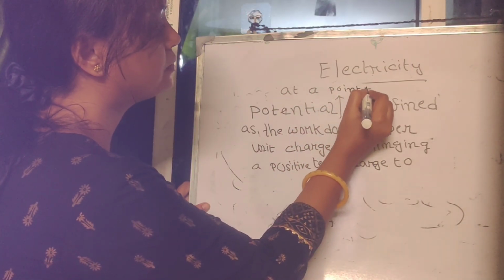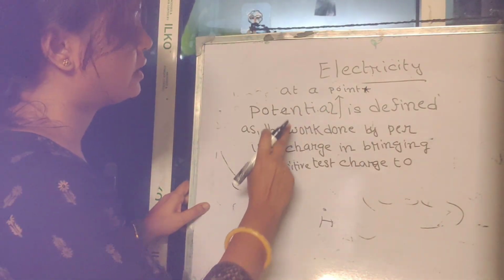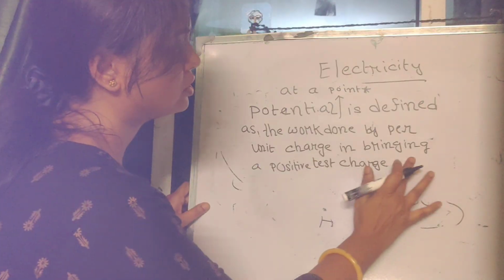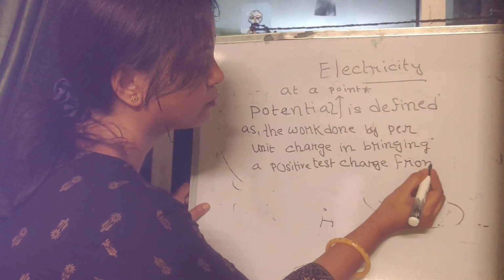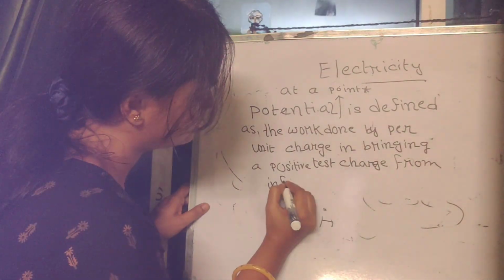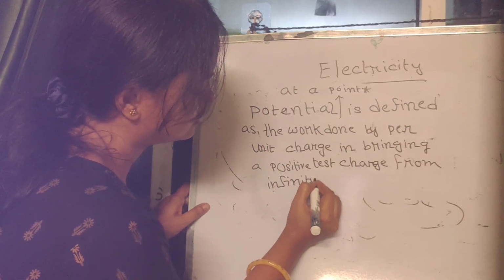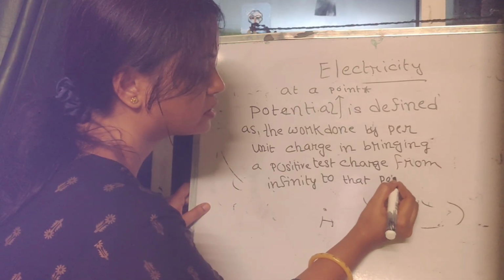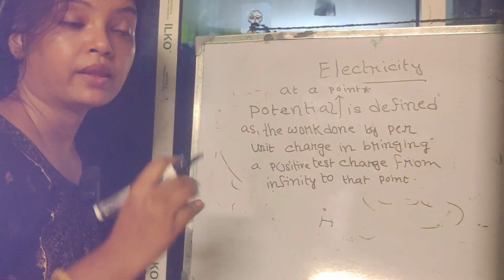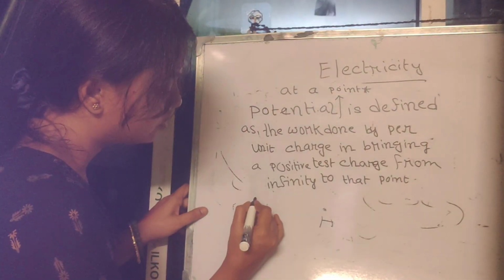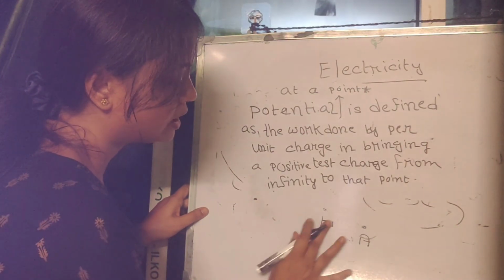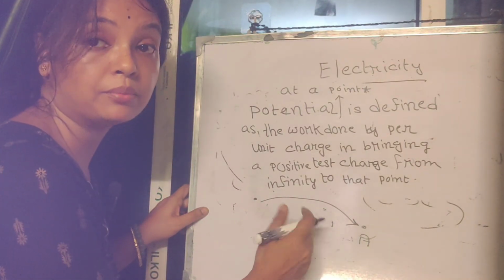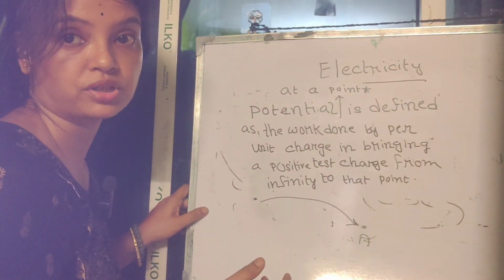Potential at a point is defined as the work done per unit charge in bringing a positive charge from infinity to that point. So we can say that whenever a test charge is brought to a particular point, the work done by the charge is called the potential.